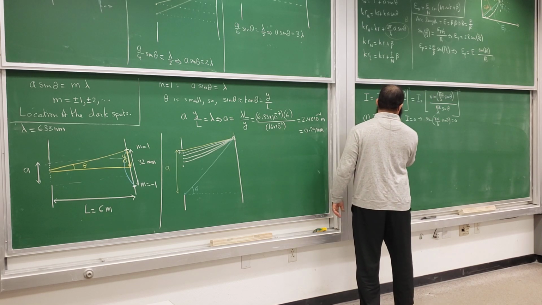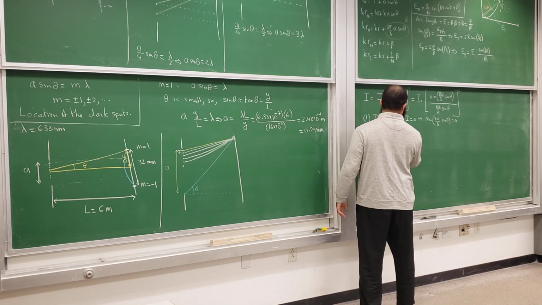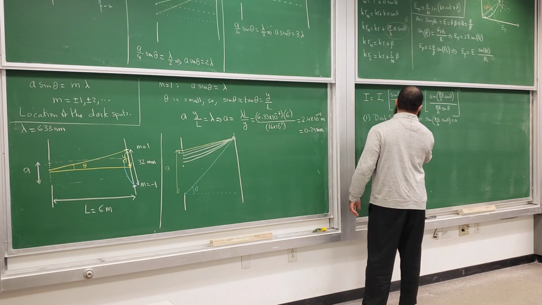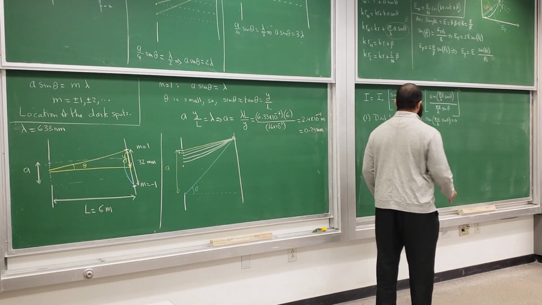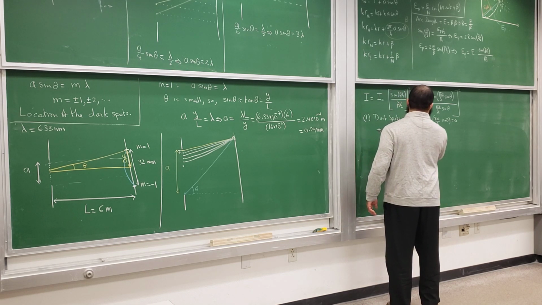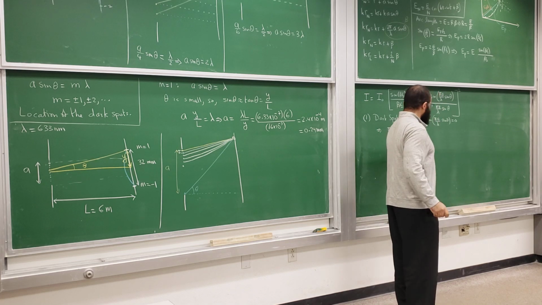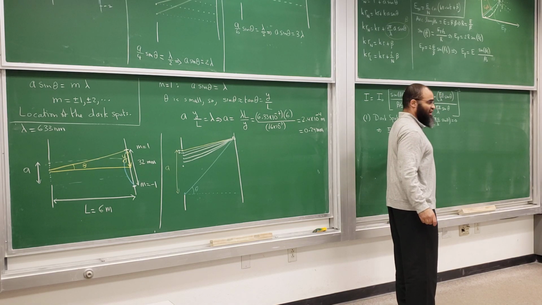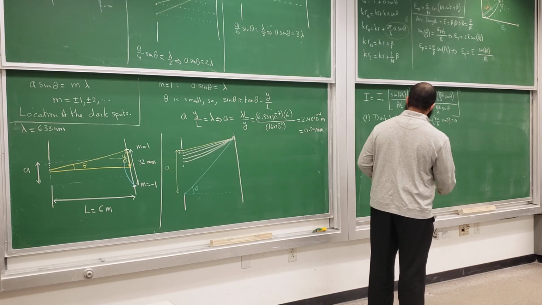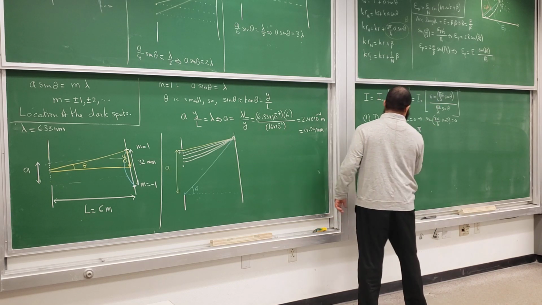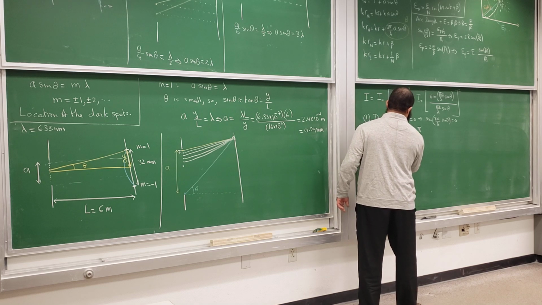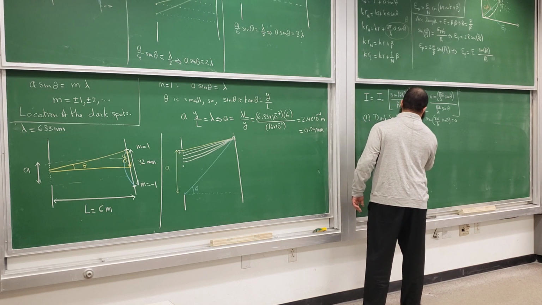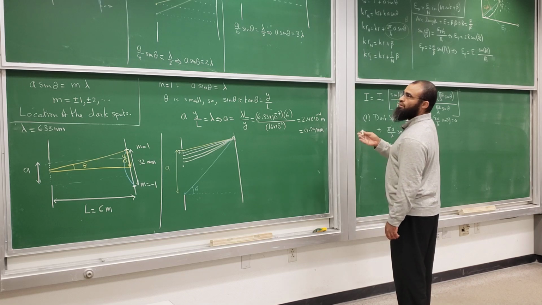So I need pi a over lambda sine theta to be an integer multiple of pi, and m is an integer, but it does not include 0. So cancel pi, and you get a sine theta is equal to m lambda.